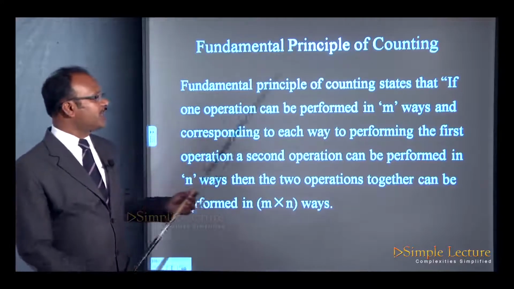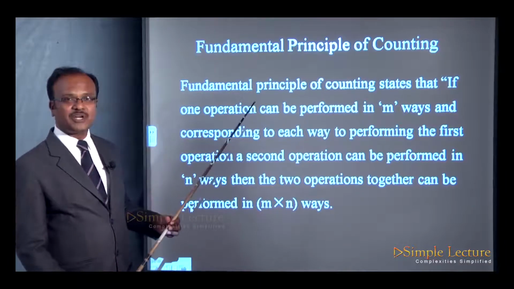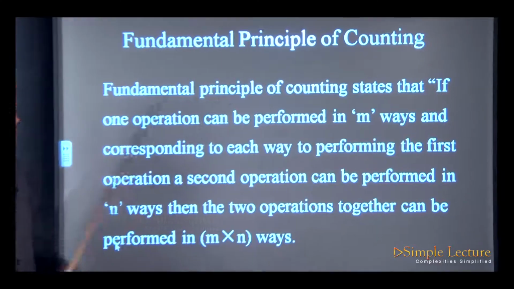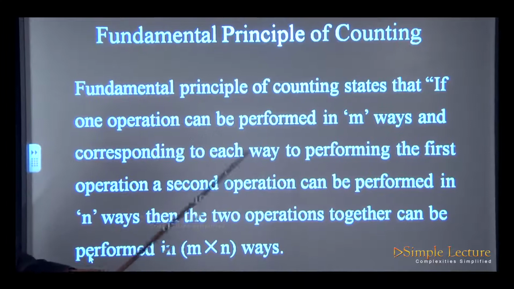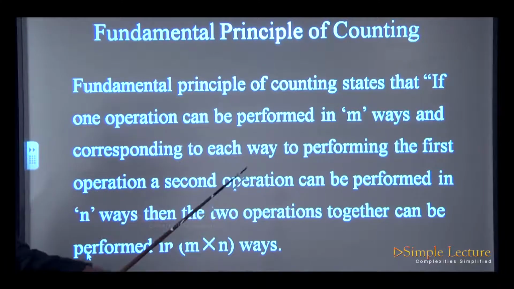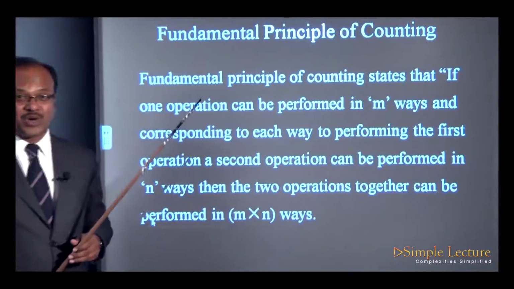The fundamental principle of counting states that if one operation can be performed in m ways, and corresponding to each way of performing the first operation, a second operation can be performed in n ways, then the two operations together can be performed in m into n ways. That is what I told you.